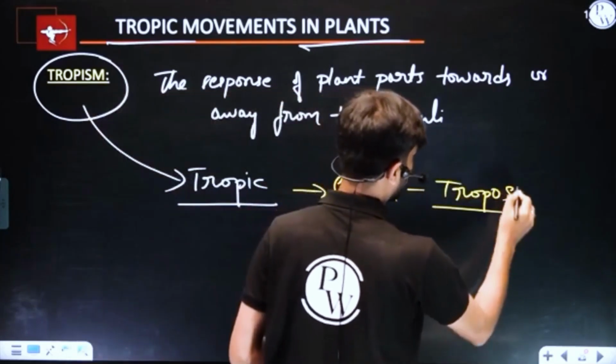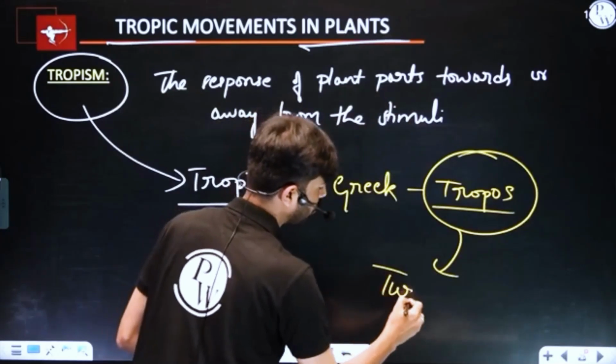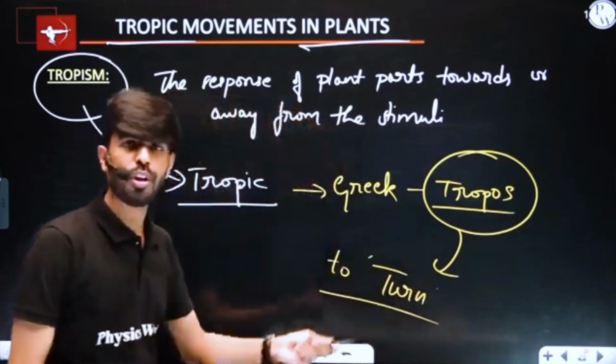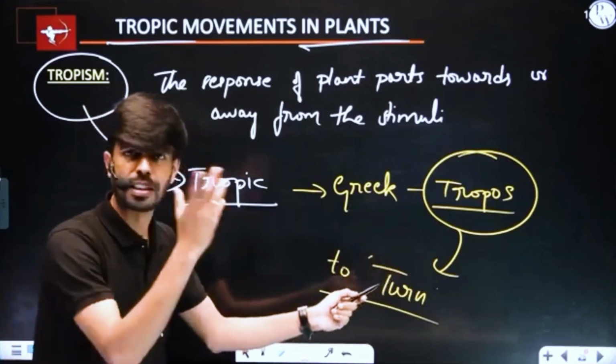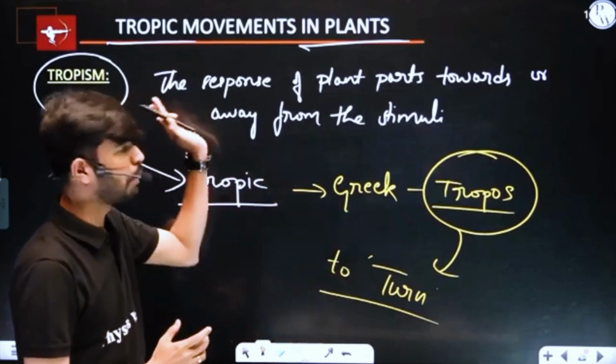Do you know the meaning of tropos? Tropos means to turn. So now you come to know tropism. The literal meaning is to turn towards the stimuli.